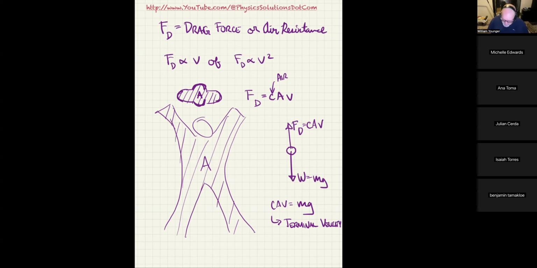Now, it's not always going to look like C times A times V. The important thing is the drag force is going to be some constant times V. And your job might be just say F drag is equal to B times V. Then you say terminal velocity implies BV equals mg. So V terminal is equal to mg over B.